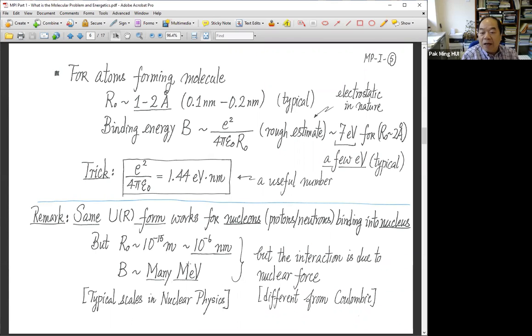Then, the third point in our introduction, what is the energy scale that we are talking about for this binding? When we write down the Hamiltonian, we see that what is really important there is just the Coulomb interaction.